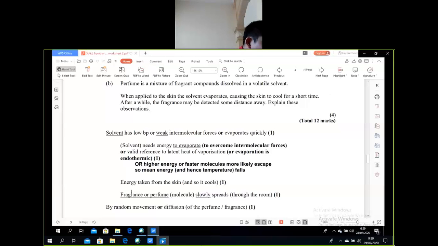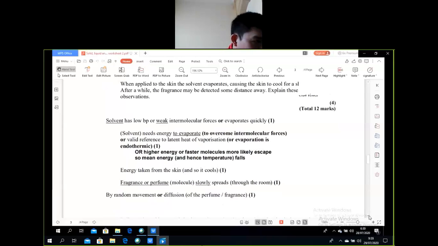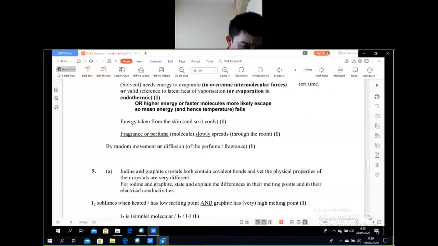So it is the opposite from the exothermic. Exothermic is energy given out to the surrounding. This one is given in, and then by random movement diffusion, the fragrance can be detected some distance away.